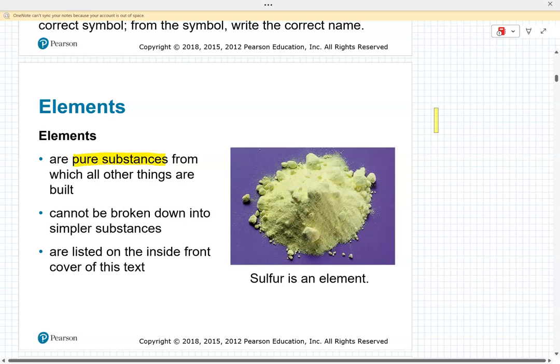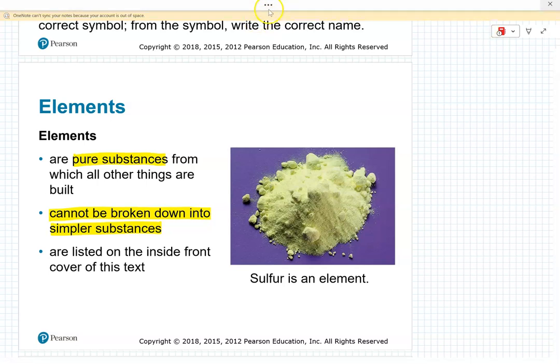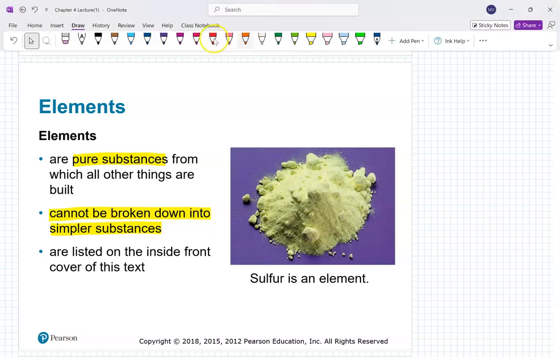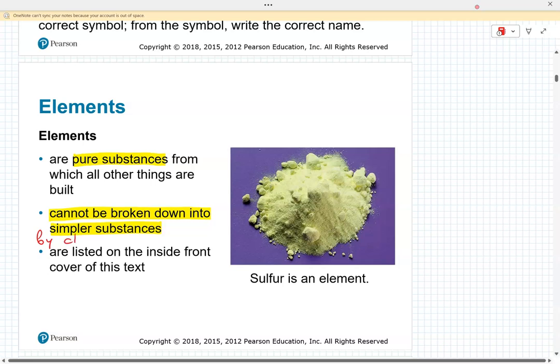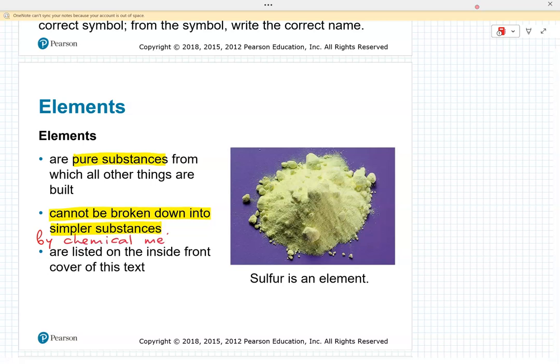Okay, and the main feature of an element is that it cannot be broken down into simpler substances, or should I say other substances. I'm going to add a little comment: by chemical methods.